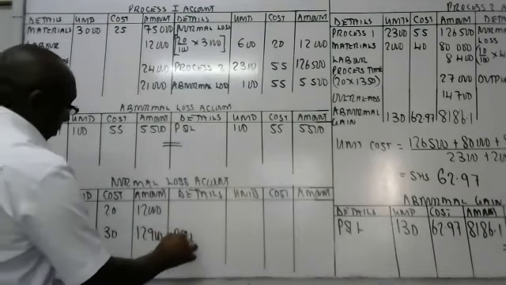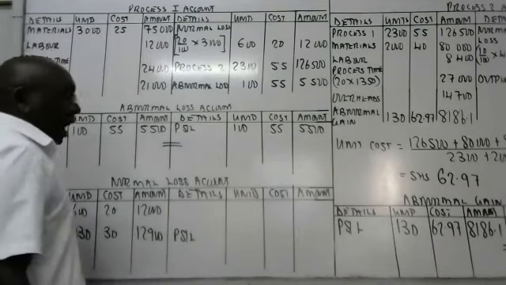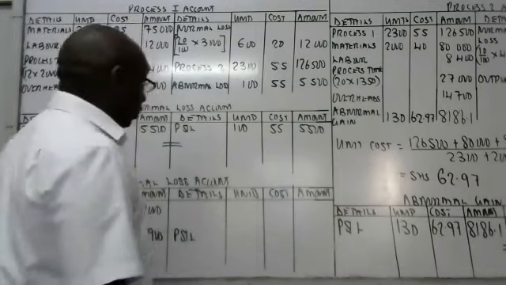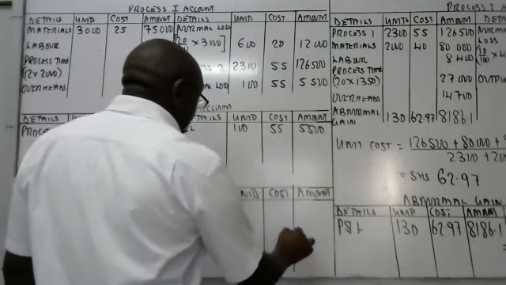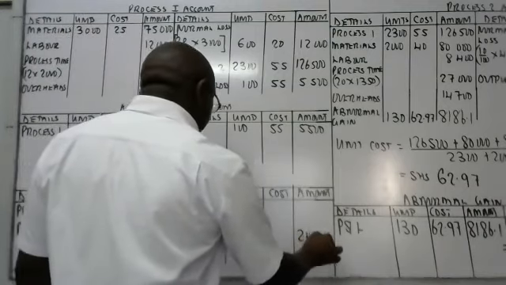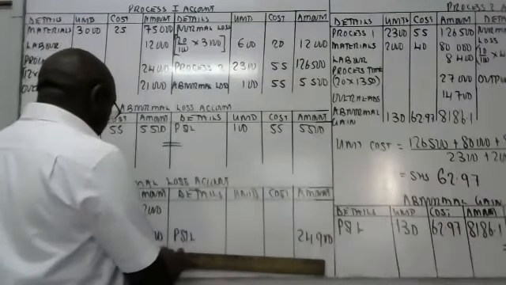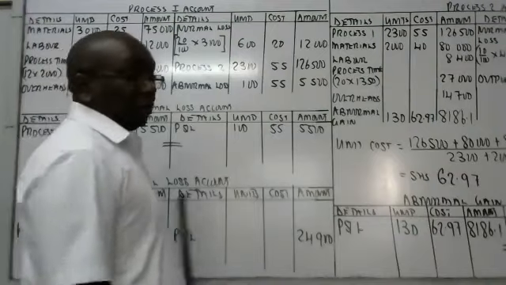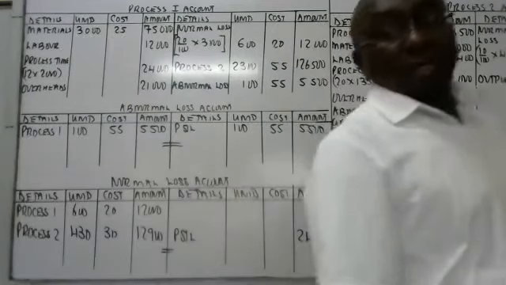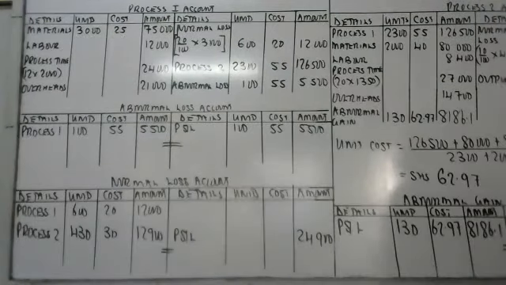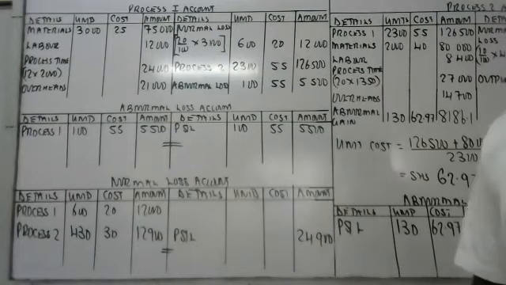Now this one you take to P&L and you only close the amounts, 24,900. So once you get there, say finish so that I can proceed.